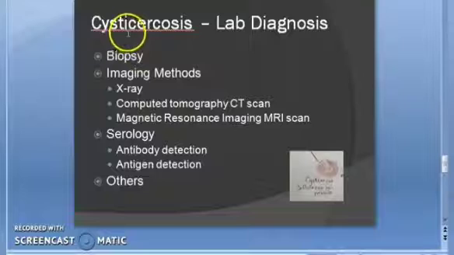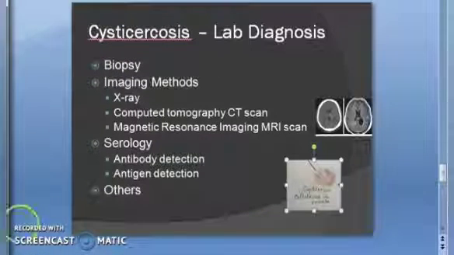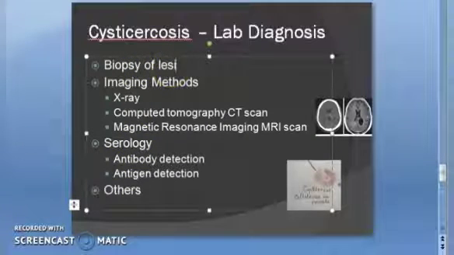Lab diagnosis of cysticercosis. Quickly let us look at it. So basically biopsy, right? Biopsy they will do of the lesion. Subcutaneous lesion and muscle, everything, you've heard, right? So you can do biopsy of the lesion and microscopic examination.